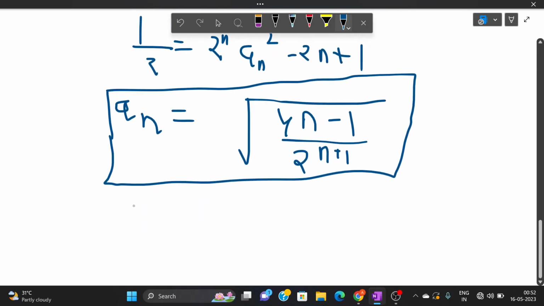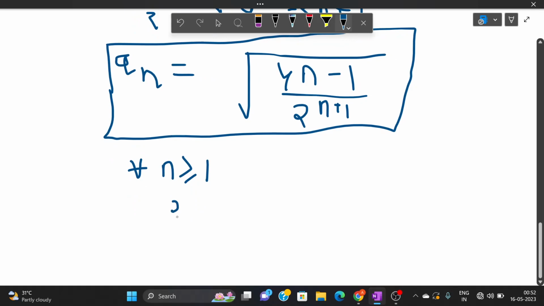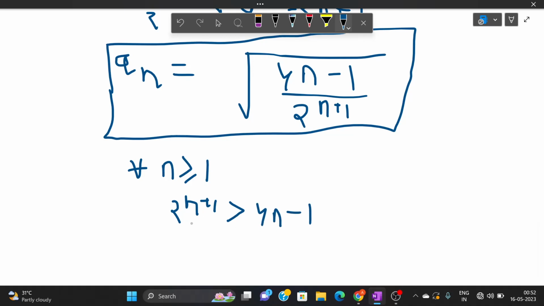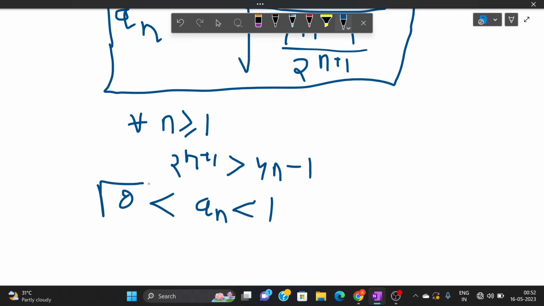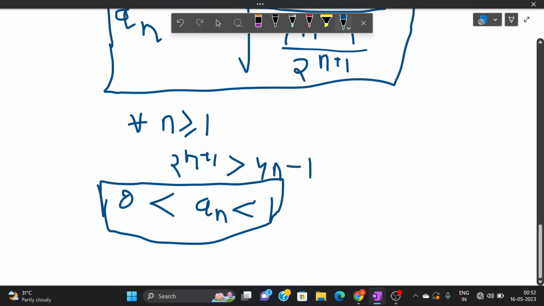Now we can see that for all n greater than or equal to 1, 2 to the power of n plus 1 is greater than 4n minus 1. So our a n is always going to be in between 0 and 1.